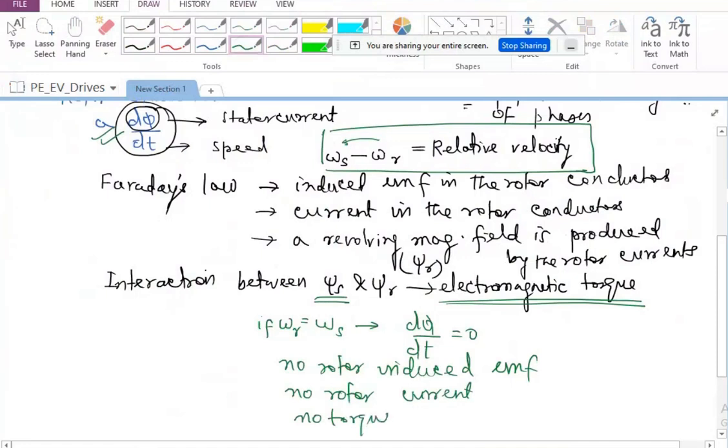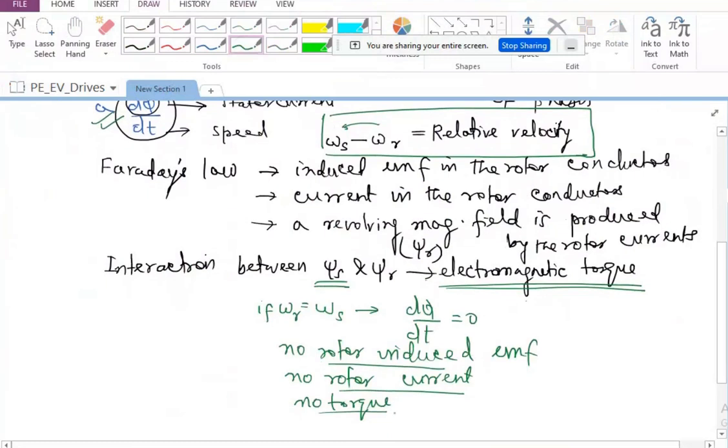So ultimately, at that point, it will immediately fall back in terms of its speed. If the speed decreases, then again there will be rotor induced EMF, rotor current, and a small amount of torque.